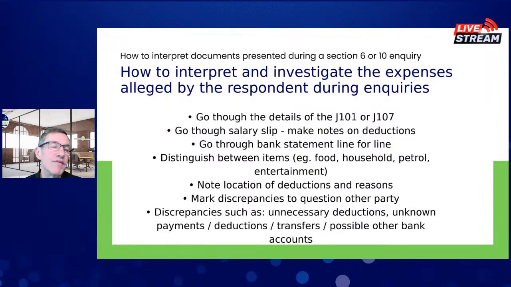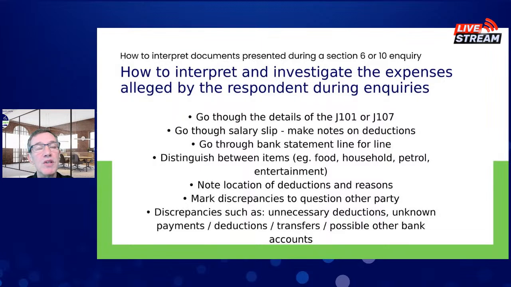Note the location of the deductions and the reasons therefore, because the respondent might be on a weekend away in order to bring his means down so that he pays as little maintenance as possible. Also then mark the discrepancies and question the other party.